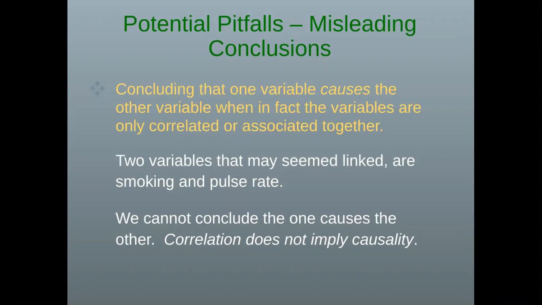Now, that doesn't mean that importing lemons from Mexico causes more car crashes in the US, but there's a correlation there, okay? And so that's an issue that we want to be very careful of when we're wording our results and our conclusions, to be careful using the word cause and not correlated, okay? Those two things are very different, all right?